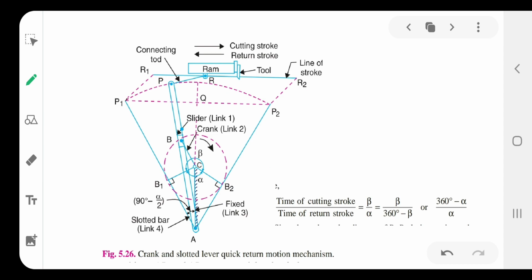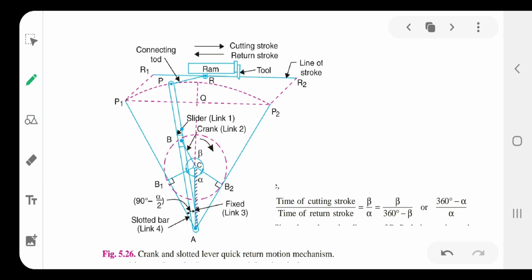So in this, the ram along with the tool is connected with the connecting rod, which is assembled with the slotted bar, link number 4. In this slotted bar there is a slider, link number 1. The slider is also connected with the crank, link number 2. As the crank rotates from the initial position B1, at that time P1 is the slotted bar position, okay.